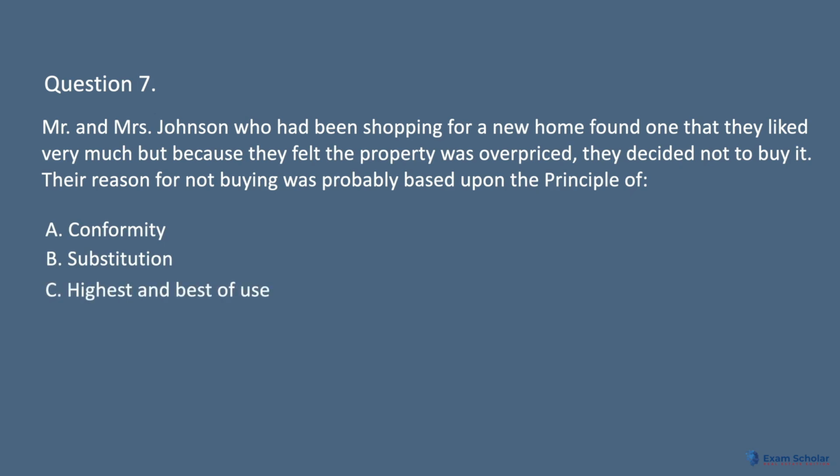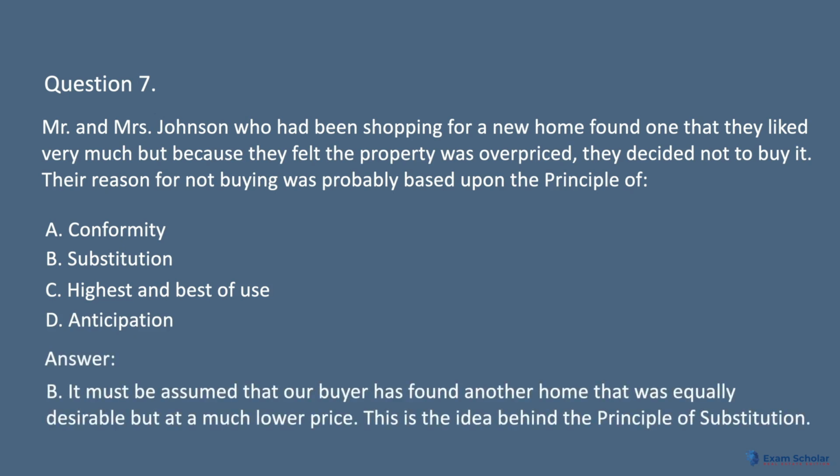C. Highest and best use. D. Anticipation. Answer B. It must be assumed that our buyer has found another home that was equally desirable but at a much lower price. This is the idea behind the principle of substitution.